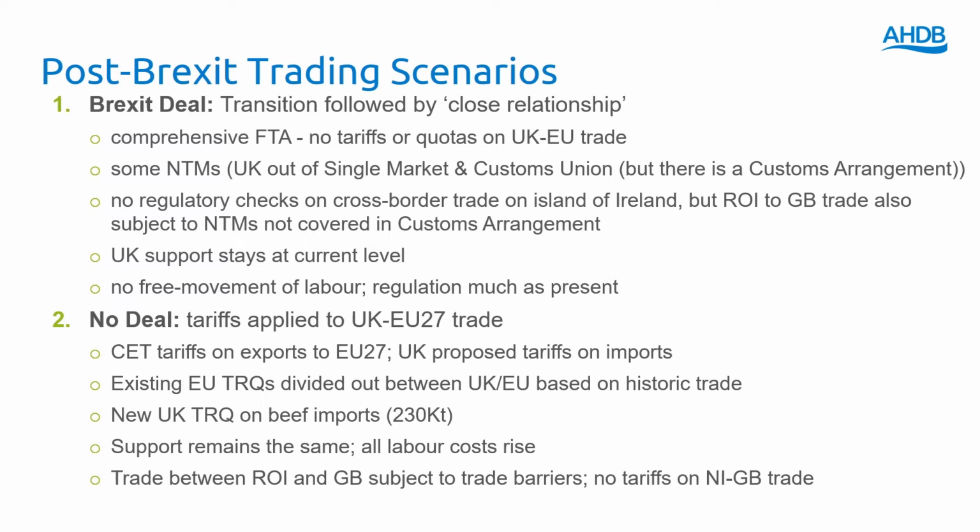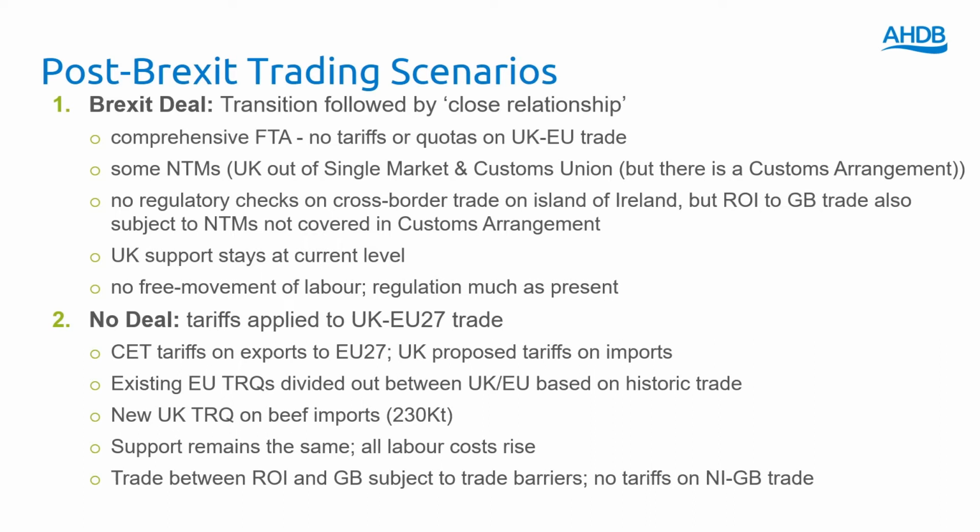And we also have the introduction of a new UK tariff rate quota on beef imports at 230,000 tonnes, which of course will also play a significant role. Once again, support does remain the same as present. Of course, labour and free movement does end, and that does mean there will be issues around labour costs rising, which have been taken into consideration, and trade between the Republic of Ireland and Great Britain, so again that Dublin to Holyhead trade being subject to trade barriers.